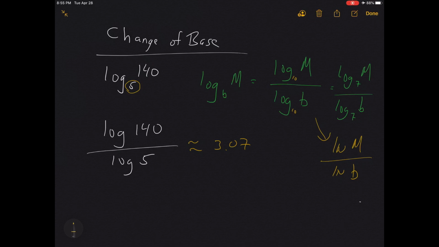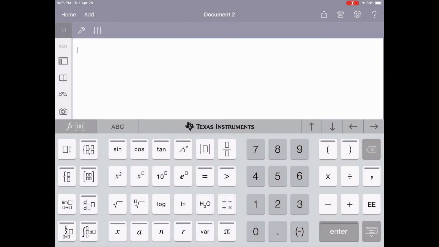Let's see if I can get this on the calculator and show you what I mean. I'm using the TI Nspire CAS edition on my iPad, and I'm going to show you that the change of base formula works. So we've got the log. This can actually do a specific base. Ours was the log of 140 base 5, so I'm going to enter the base of 5, and I'm going to enter 140.